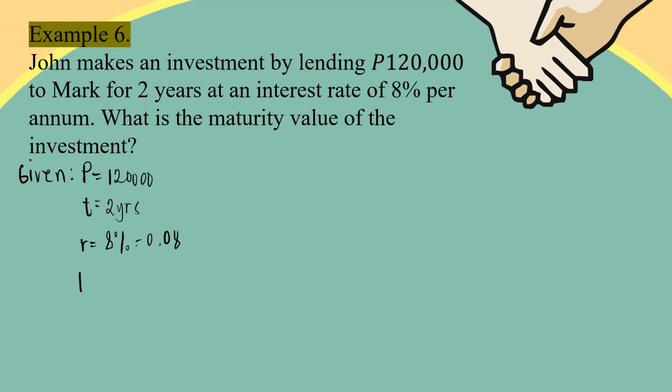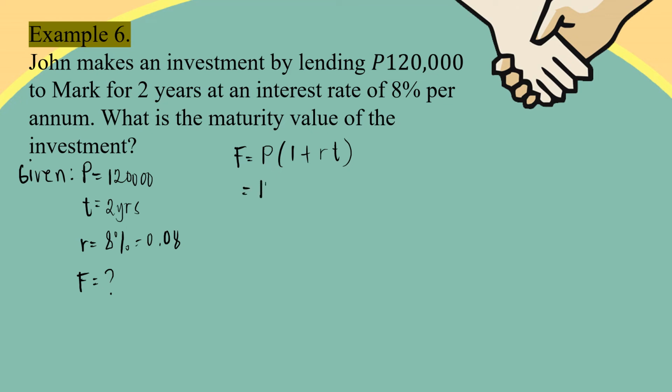So, ang hinahanap ay F or the maturity value. Okay, since hindi given si interest, pwede natin gamitin formula F is equal to P times 1 plus R times time. Ayan.